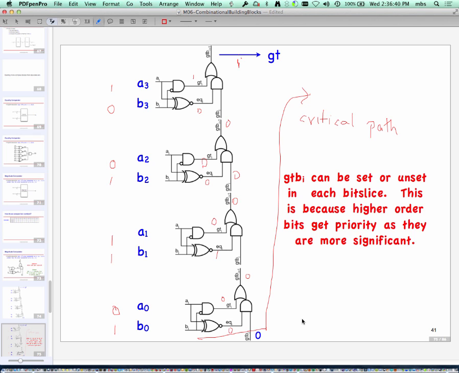This kind of design approach, where I design one bit and then stack them up, has an engineering advantage. If I now tell you, give me a 5-bit comparator, all you have to do is put one more stage out there. Whereas if you had the truth table-based approach, you'd have to start from scratch and create an entirely new design. This approach is often called bit slice.